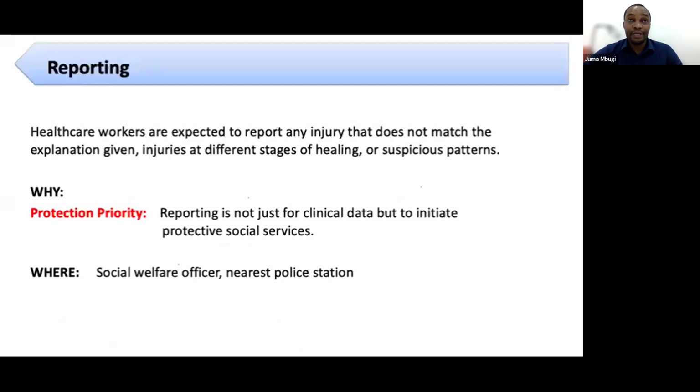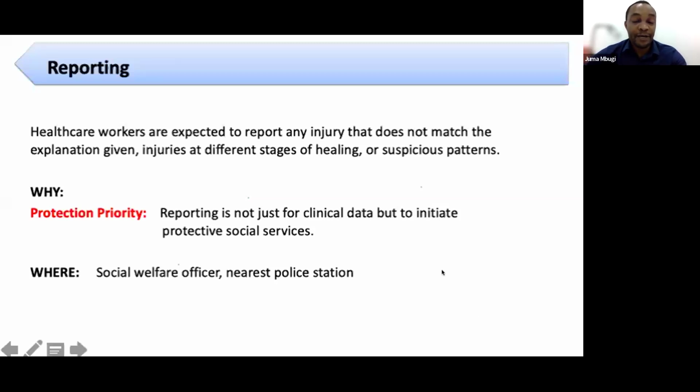I don't know if we have that protocol. I'll actually want to know if we have a mandatory reporting system for us as clinicians. If we suspect a child is having non-accidental injury, are we required by law to make a report? So you can write on the chat box if we do have such guidelines and laws.